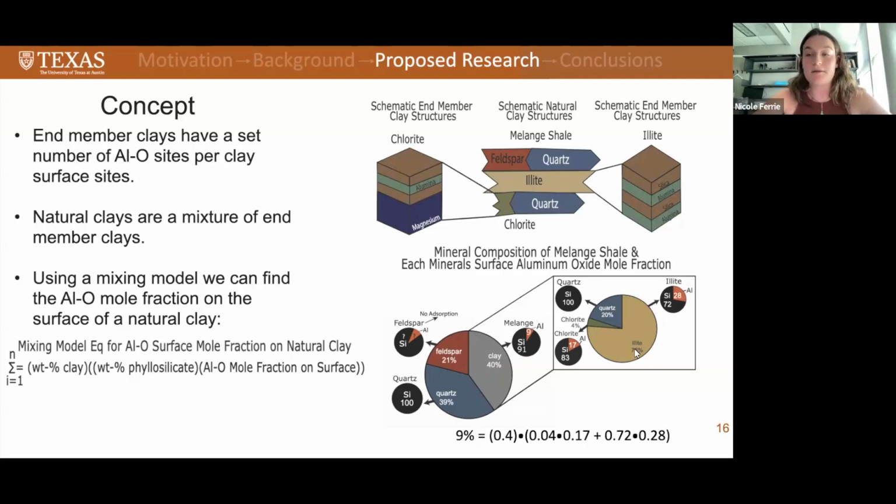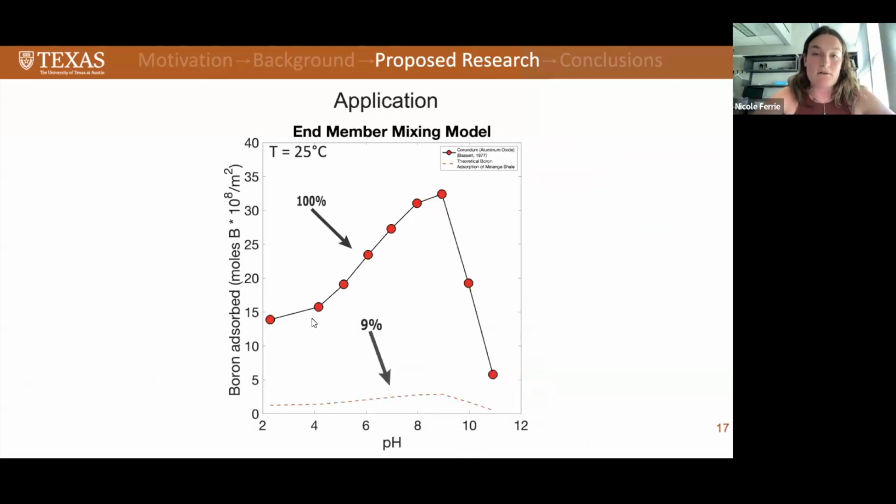So what we can do is multiply the amount of illite present in the sample by its aluminum oxide surface percentage, and then do the same for chlorite and multiply that by the amount of clay to get the overall aluminum oxide percentage available on the surface of a natural clay. We can then apply the same model where we basically scale down the amount of boron adsorption that we see on pure aluminum oxide by the aluminum oxide percentage available on the natural clay, which we found through the end-member mixing model.